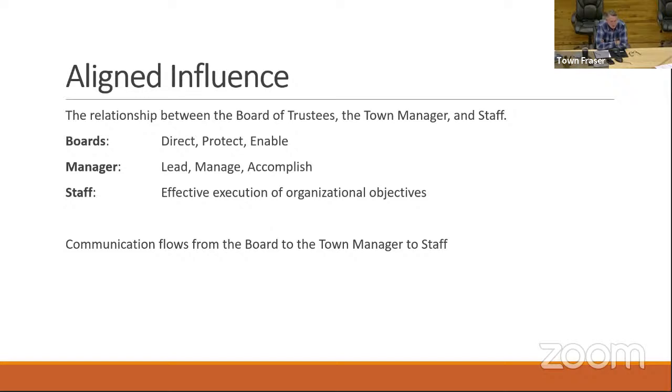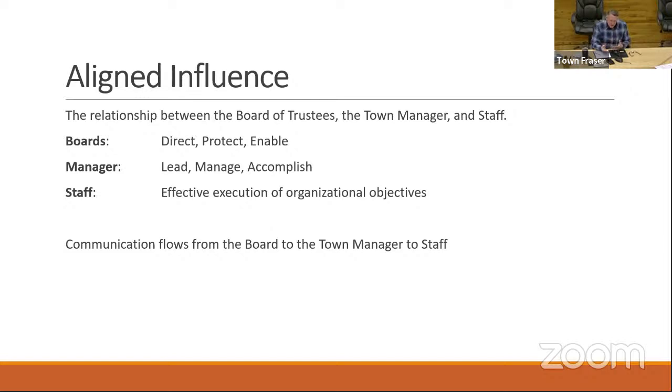Those directions come in the form of policy documents, budgets, codes, and laws. The manager then is responsible for leading and managing and accomplishing those objectives. And staff's responsibility there is to be the effective execution of reaching those organizational objectives.